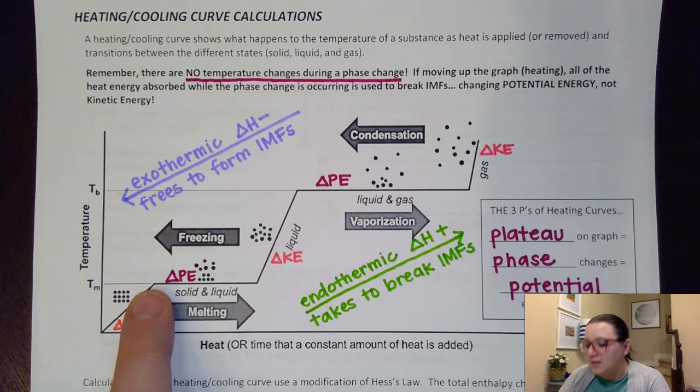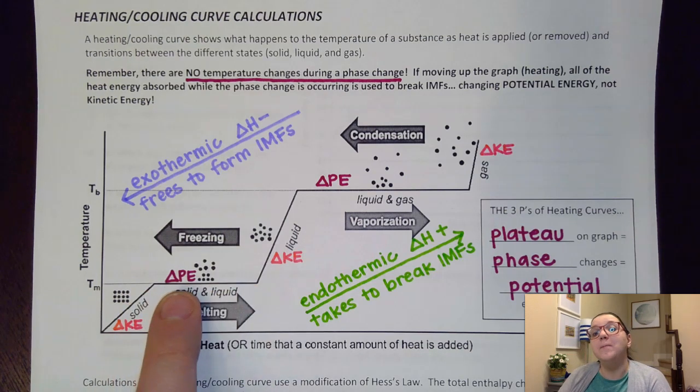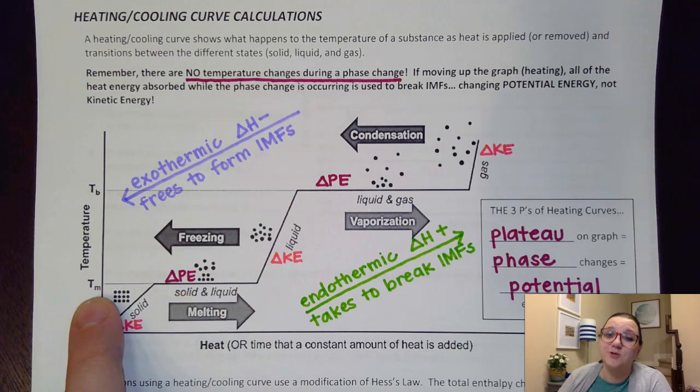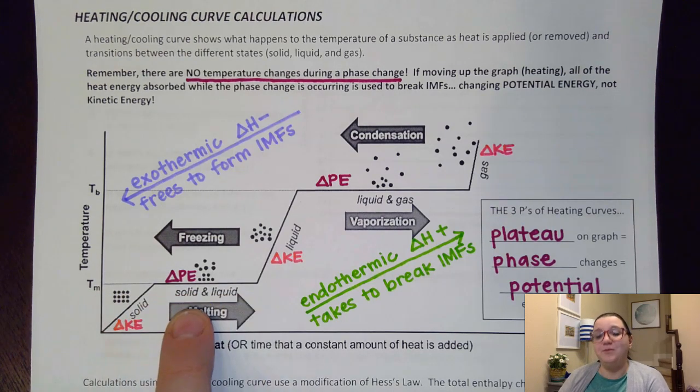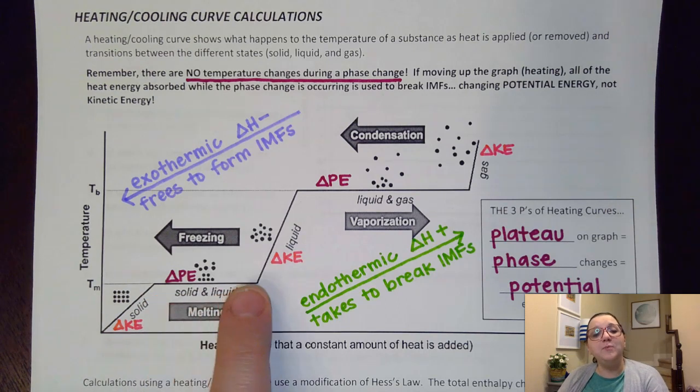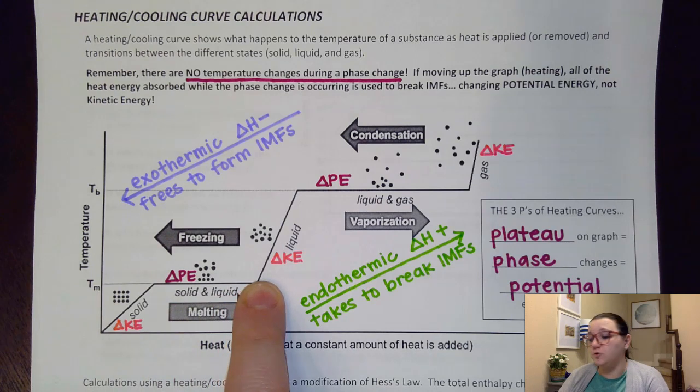And so that heat that I'm adding is going to potential energy change, not to changing temperature with kinetic energy. Now, when I'm along that plateau, technically, I am in a phase equilibrium between solid and liquid, but at some point I would eventually fully transition over to a liquid.